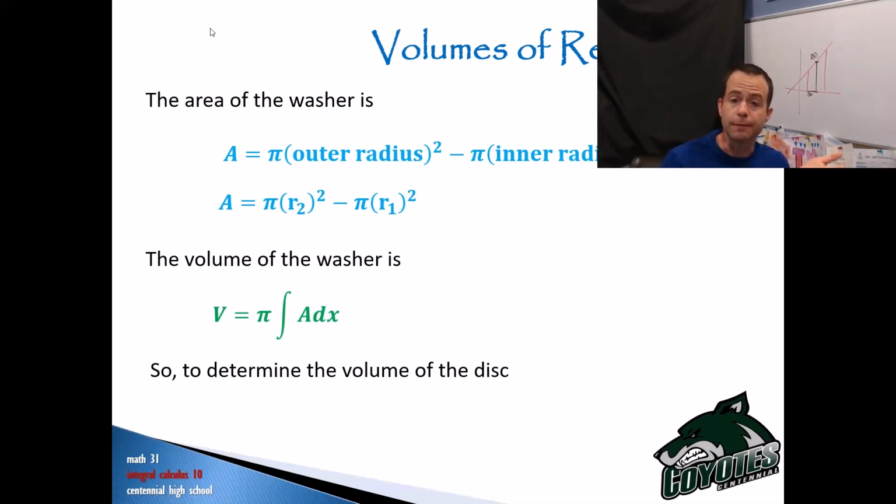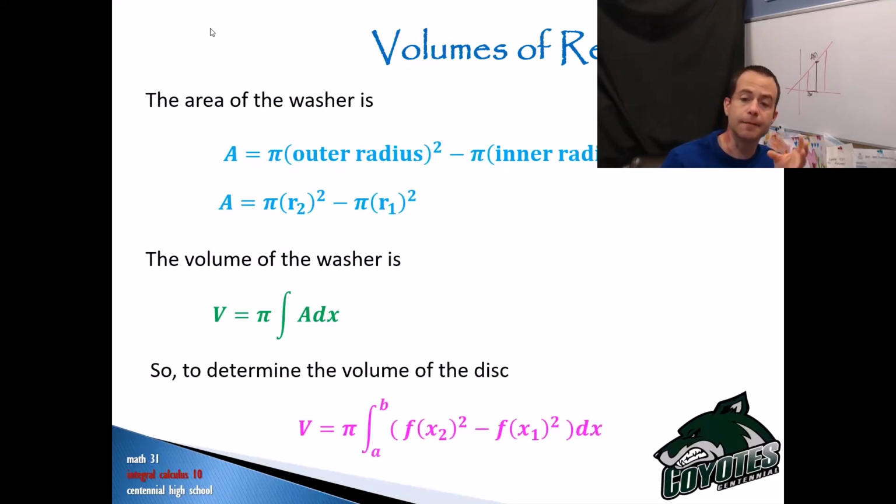So to determine the volume of the washer, we end up with volume equals pi times the integration of f of x subscript 2 squared minus f of x subscript 1 squared, where f subscript 2 is the function that goes to the outer edge, and f of x subscript 1 is the function that goes just to the inner edge, okay?